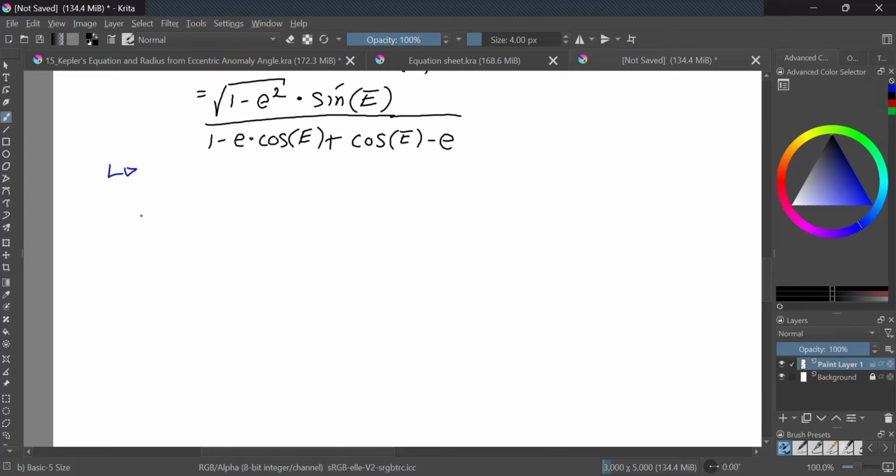So this denominator can be factored into two products. We have 1 minus e times, what is in the notes, 1 plus the cosine of the eccentric anomaly angle.